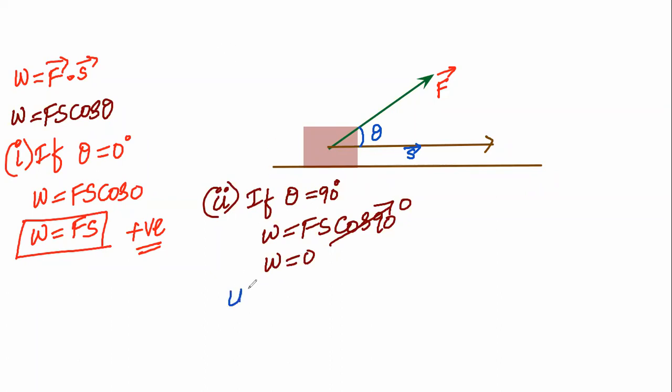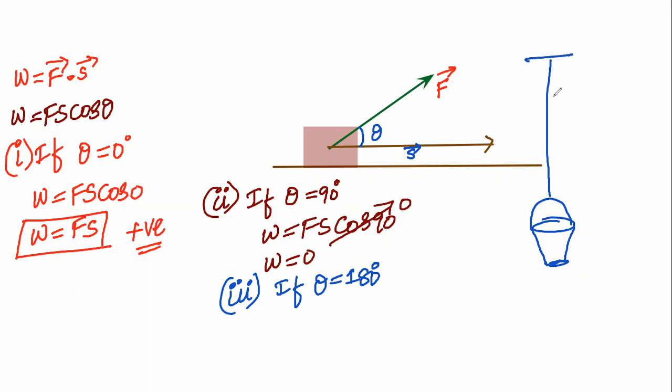Next, if theta is equal to 180 degrees, suppose a bucket filled with water is being pulled up. Displacement is in the upward direction. In such a case, the force is due to gravity; the weight is due to the gravitational force.